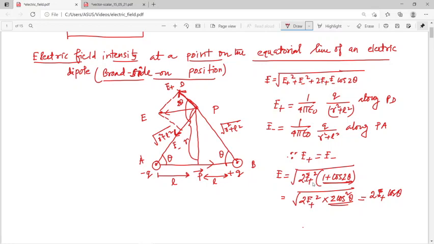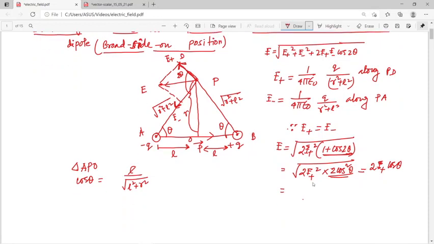From that diagram, if we consider this particular diagram, say this is O, if we consider triangle APO, if we find cos theta, the value of cos theta is L over the square root of L square plus R square. So you can put the values of E plus and cos theta in that equation. That means E is 1 by 4 pi epsilon naught, Q by r square plus l square, and cos theta is L by the square root of L square plus R square.